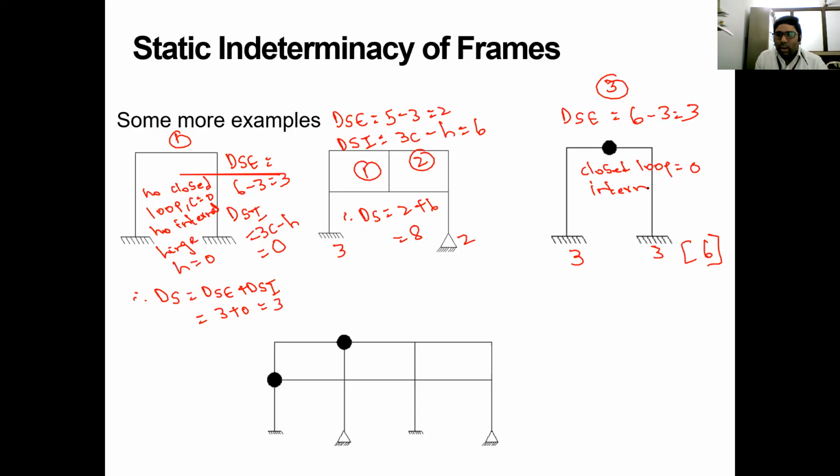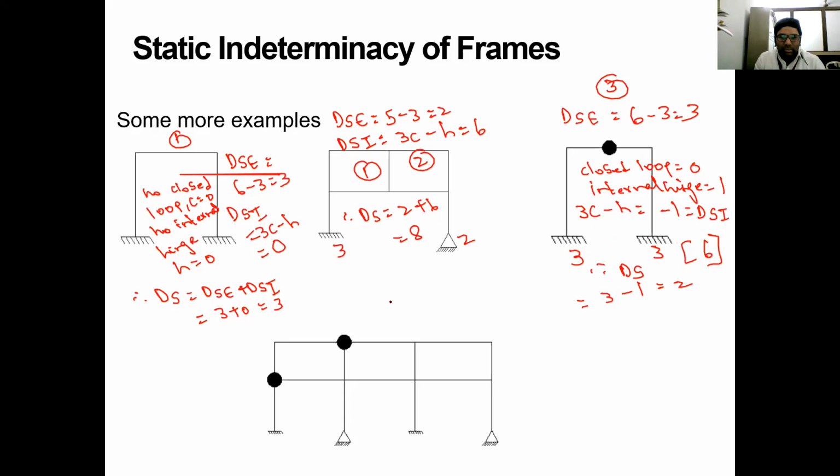And internal hinge, 1. So 3C minus H is equal to minus 1. That is equal to DSI. So therefore, DS is equal to 3 minus 1, that is equal to 2. Correct. All of you are correct.